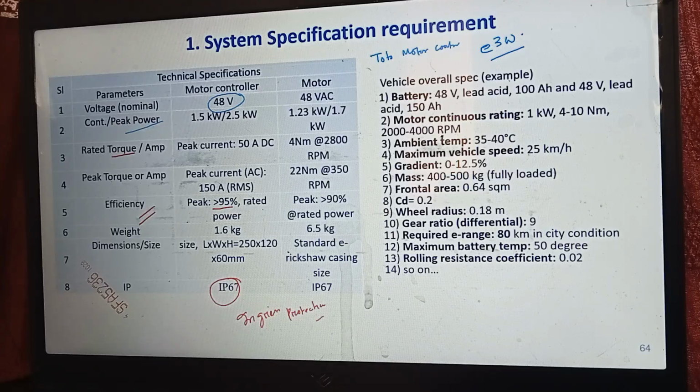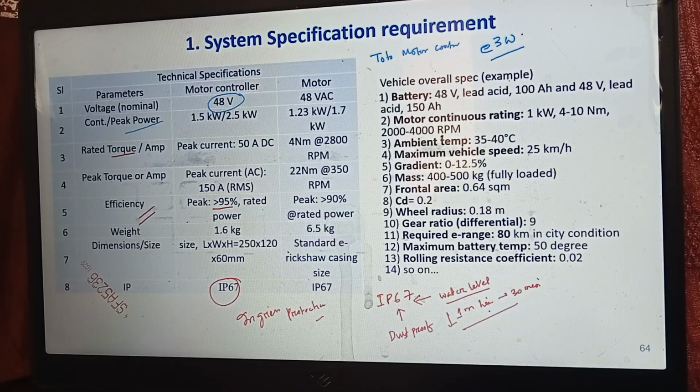For example, IP67. This number 6 says it is dust proof, and this 7 indicates protection from water. If you keep this motor below 1 meter of water for approximately 30 minutes and then take it out, you should be able to run the motor again.